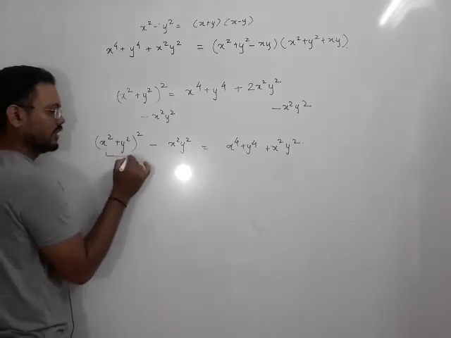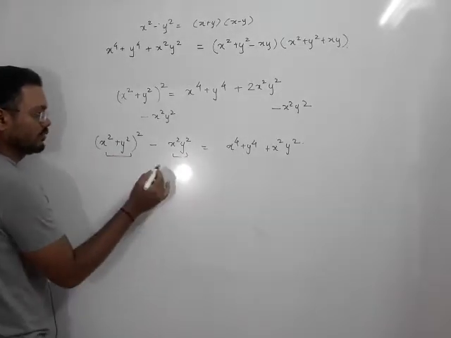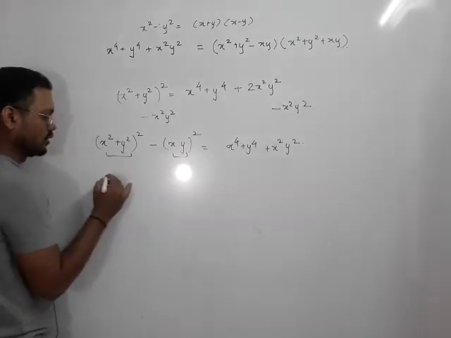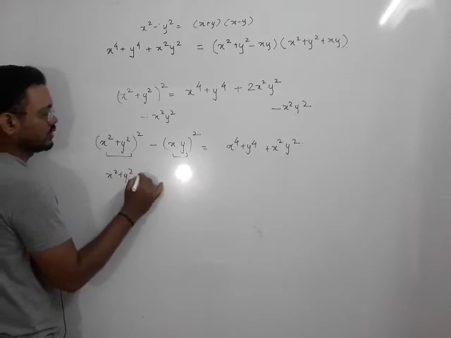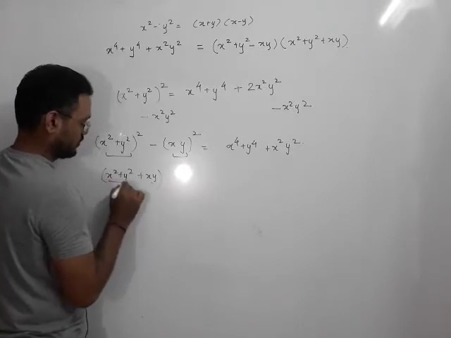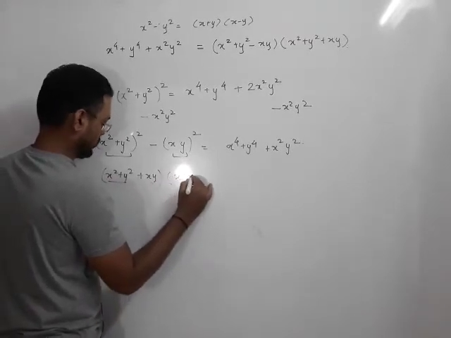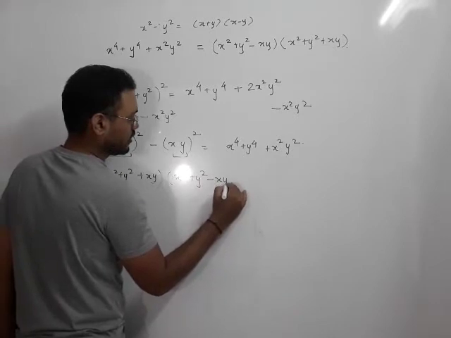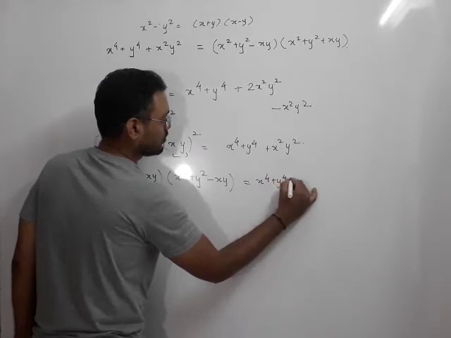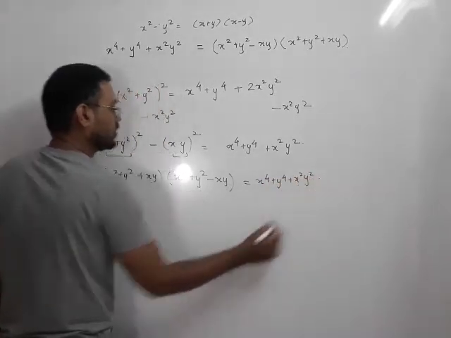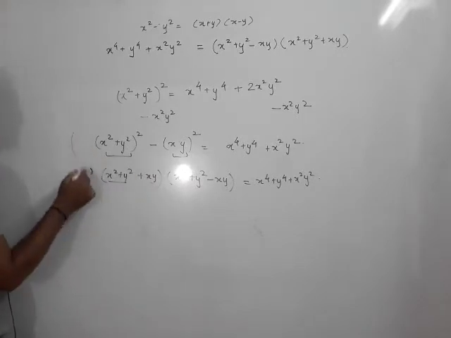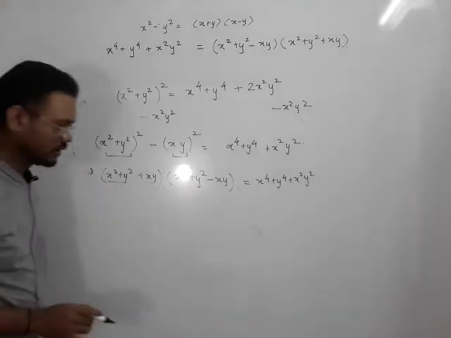It can be written as a plus b into a minus b, because this will become like this. So this is x square plus y square plus xy, which is my a plus b, and a minus b will be x square plus y square minus xy, which is x raised to 4 plus y raised to 4 plus x square y square. This is what I asked you all to learn by heart, and this is how it comes. Okay, this is the reasoning behind it. It will never be asked, but you should know.